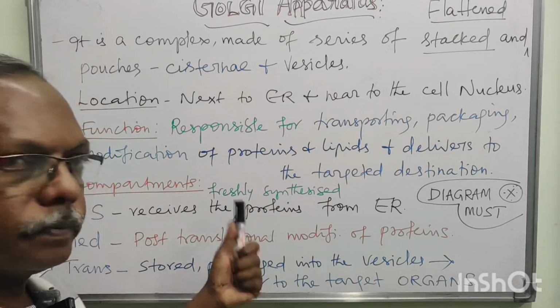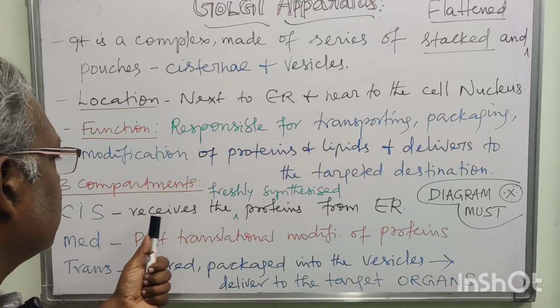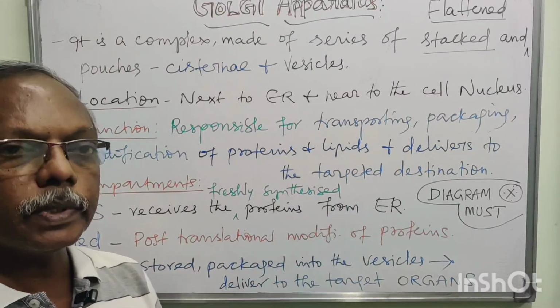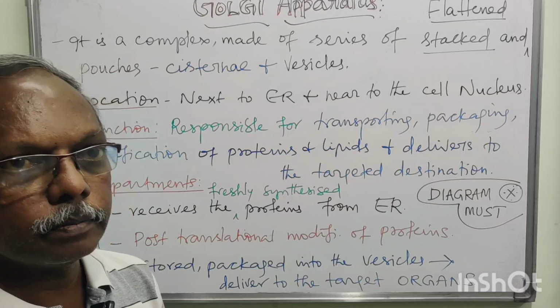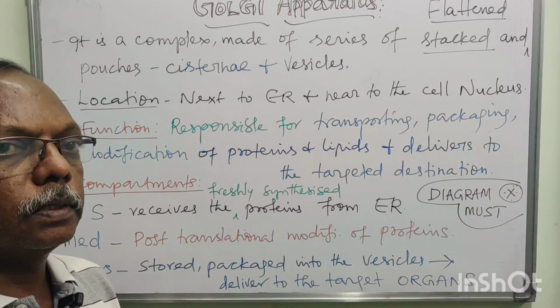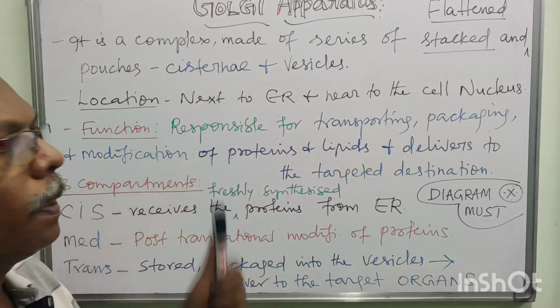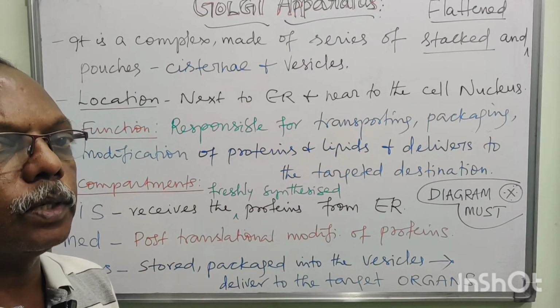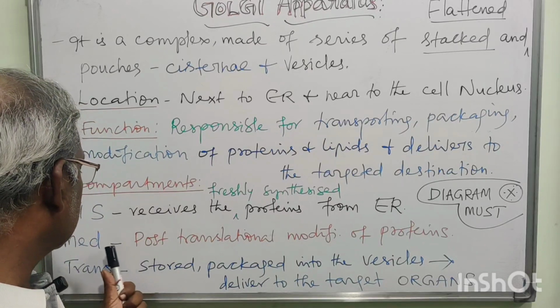So what is the function of these three? The cis form receives the freshly synthesized proteins from the endoplasmic reticulum. The first organelle which receives the freshly synthesized proteins from the endoplasmic reticulum is the Golgi apparatus. Second one is the medial form.